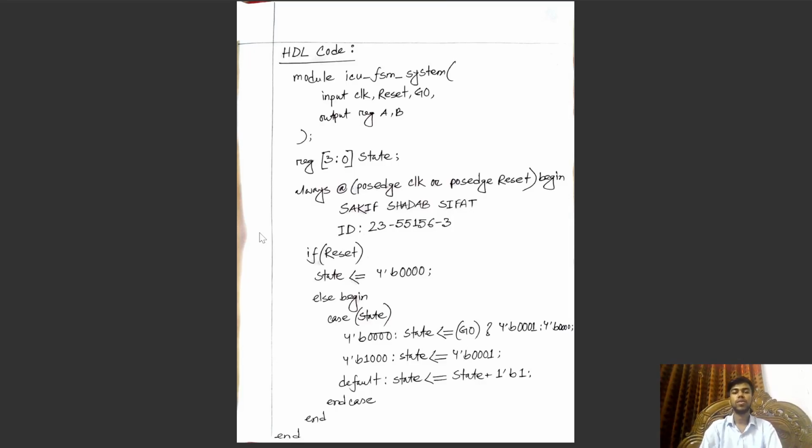So the HDL code is drawn here, which says module ICU FSM system, then input clock, reset, go, and then output registers A and B according to the truth table.